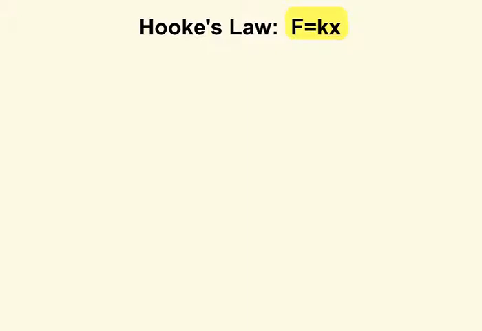And that is, the force is equal to a spring constant times the distance that the spring is stretched. This also works when a spring is compressed. So this value k is our spring constant. It's also sometimes called the force constant.